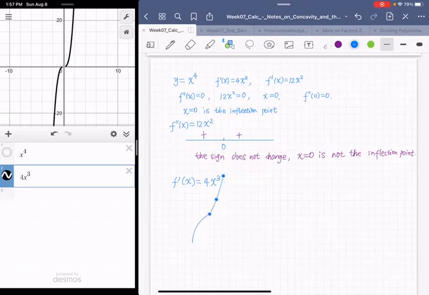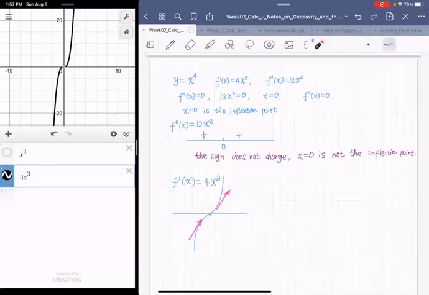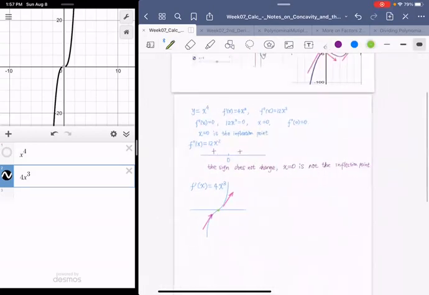Look, this curve on the left and on the right. On the left of 0, it is increasing. On the right, it is also increasing. Okay? It is increasing. So it is not changing the direction.